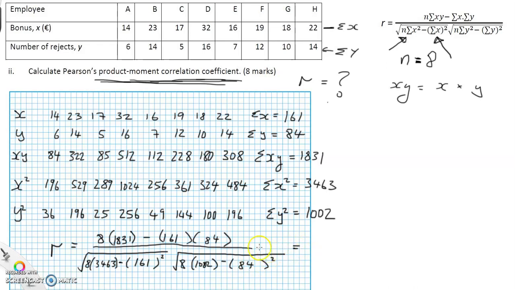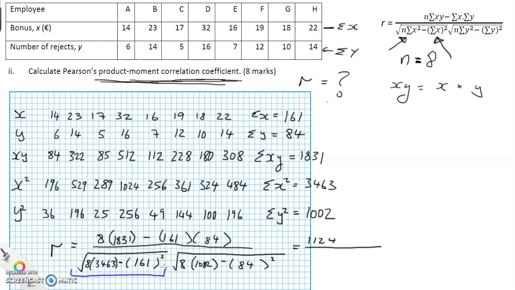And we can simplify. Then the top is going to be 8 multiplied by 1831 minus 161 multiplied by 84. I get 1124 there on top. Right? And underneath I'm going to get this square root first into one number.